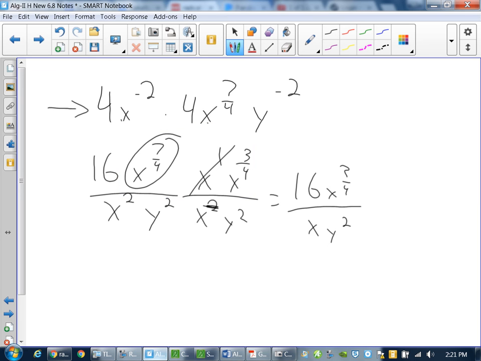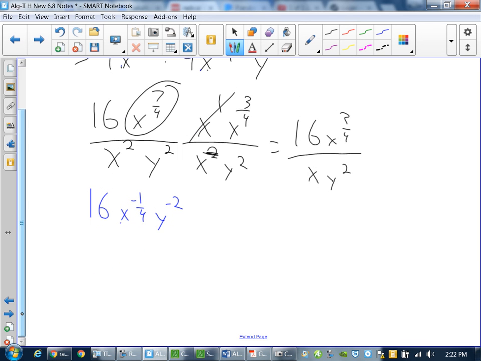The other way to start the problem is to, again, put your numbers together. X to the -2, x to the 7/4. If I add those two together, I get x to the -1/4. And then I have y to the -2, which gives me 16 over x to the 4th, y squared.